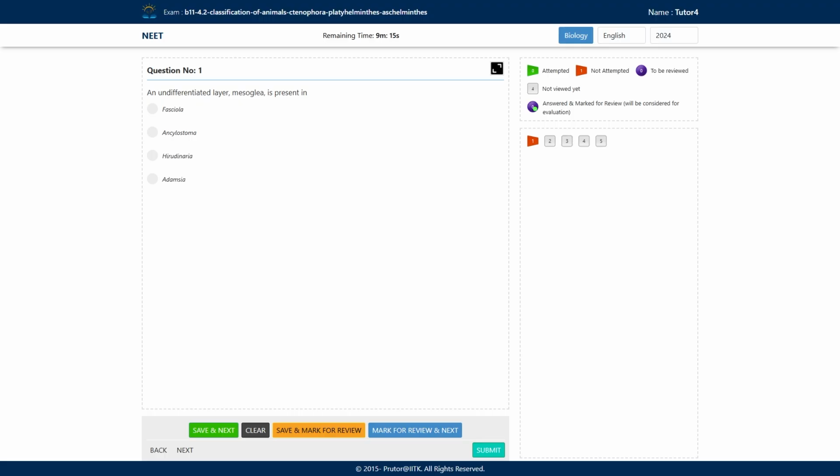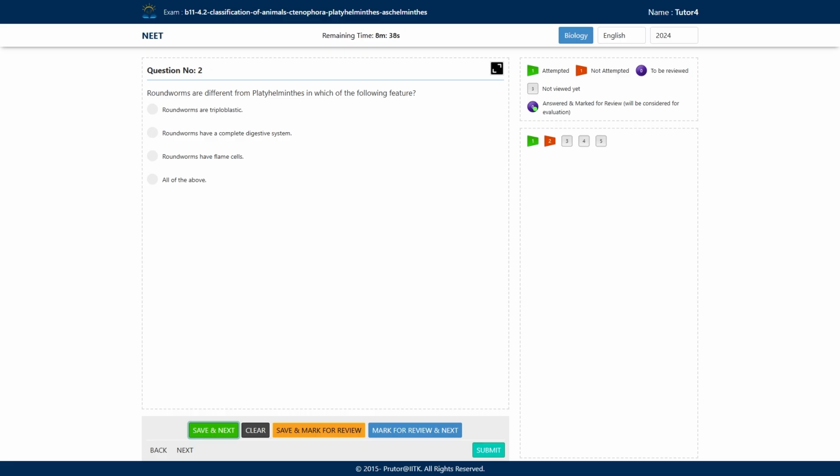So the undifferentiated layer, mesoglea, is present in option A, Fasciola, B, Ankylostoma, C, Aurelia, and D, Adamsia. Fasciola, Ankylostoma and Aurelia all have mesoderm. Adamsia is the correct one. So we'll save this and move to the next question.